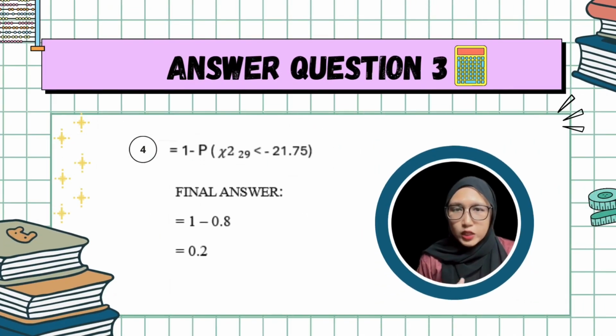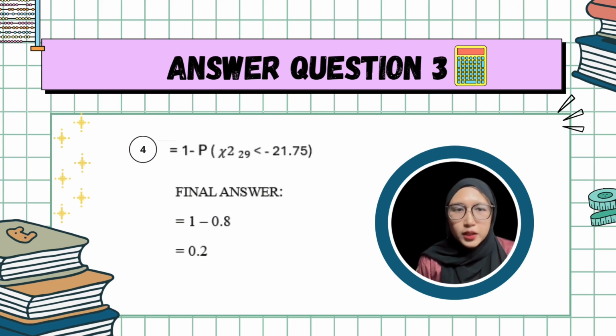21.75. As this question asks you to find the probability that the sample variance is less than, we need to put a negative in front of 21.75. And then it will become chi square less than negative 21.75. Then you need to find the 21.75 value in the table of chi-square distribution. For this, we get 21.75 in the chi-square table is equal to 0.8.